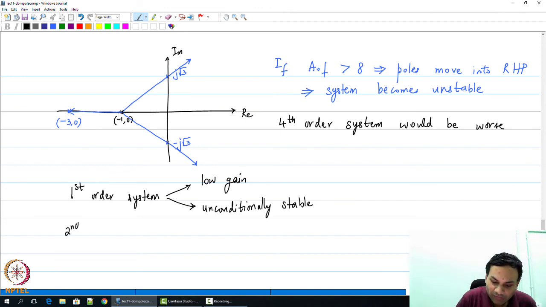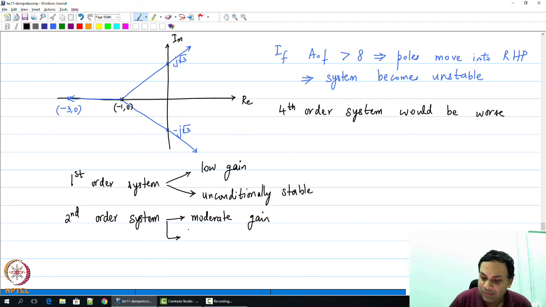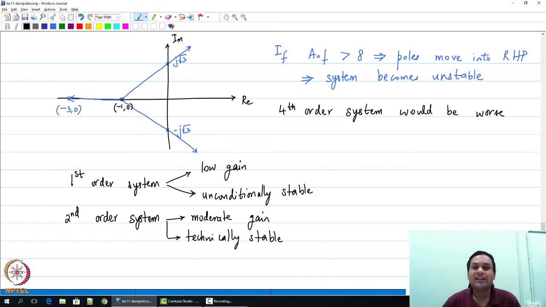If you look at a second order system, it has moderate gain, and it's technically stable, because the phase reaches minus 180 degrees only at infinite frequency, but you can have ringing.